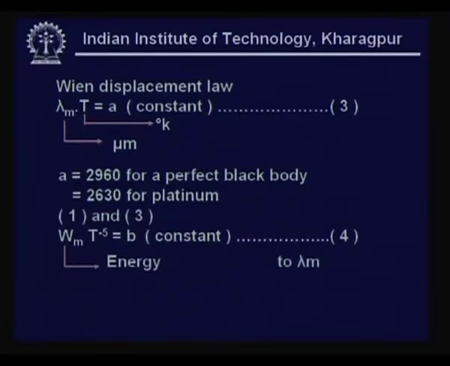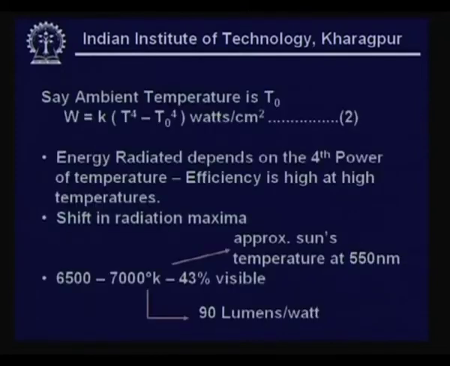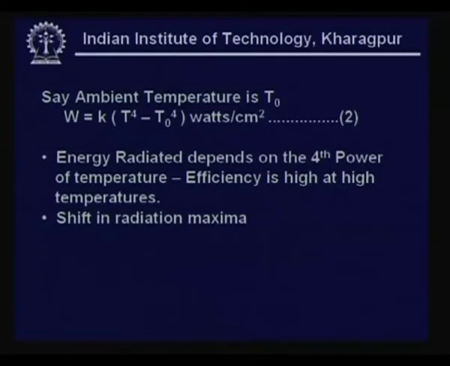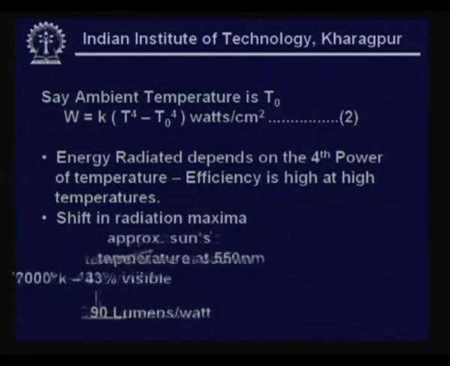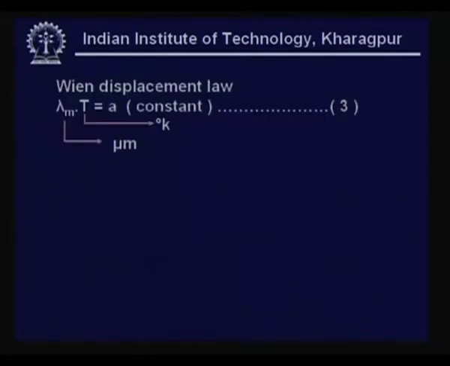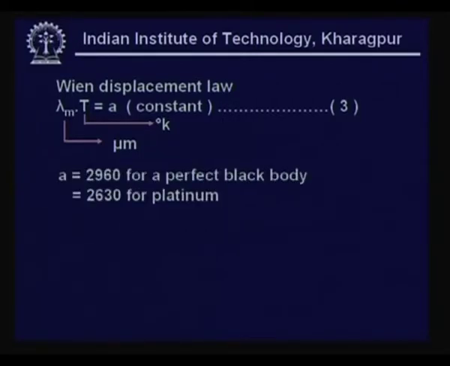So this is by combining. We had equation 1, which was essentially Stefan-Boltzmann's law, which showed how the radiated energy is proportional to the fourth power of temperature, and equation 3, which showed Wien's displacement law, which says that the product of the wavelength corresponding to the maxima and temperature is a constant.